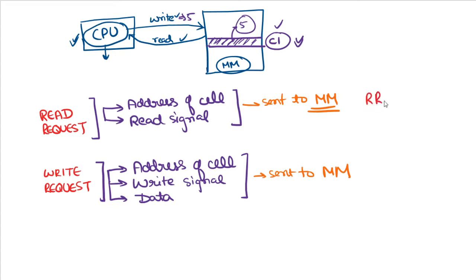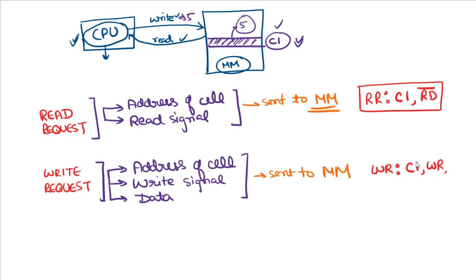We generally represent a read request something like this: C1 comma RD, where RD is read. Whenever we want to represent a write request, we write something like this: C1 write 5.